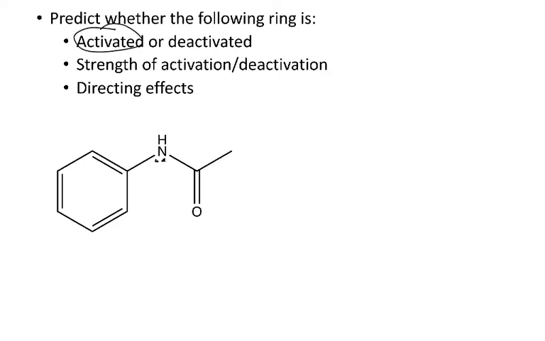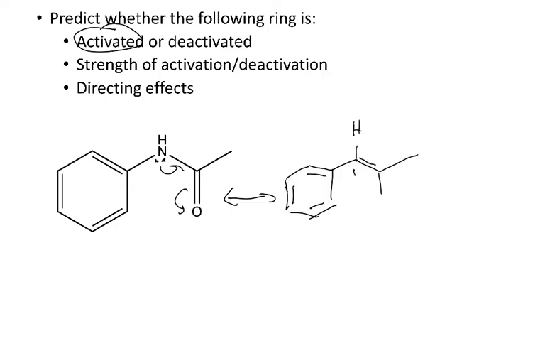But when I have a pi bond on a neighboring atom, because I can draw this resonance structure, I get resonance that's outside of the benzene ring, which makes this a moderate activator.